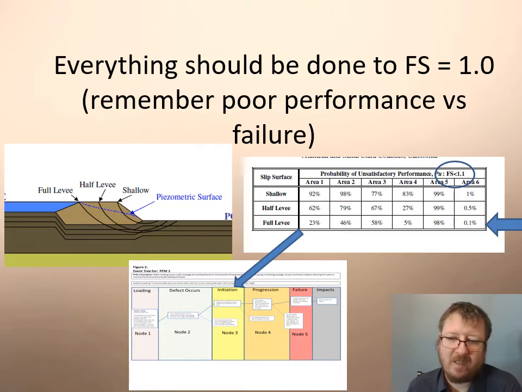It just means we almost got to failure. So we want to be doing everything for a 1.0 calculation. Now, this is counterintuitive to many engineers, but it's important to do that during the risk calculations because we're evaluating risk and we're not necessarily doing new designs.